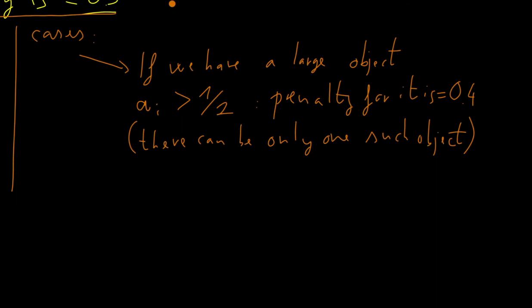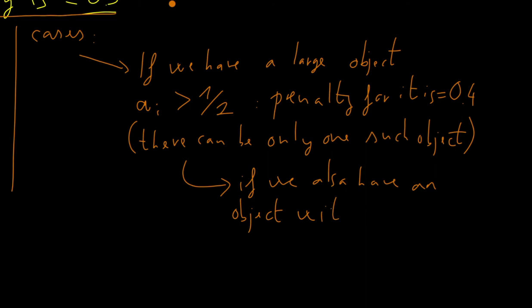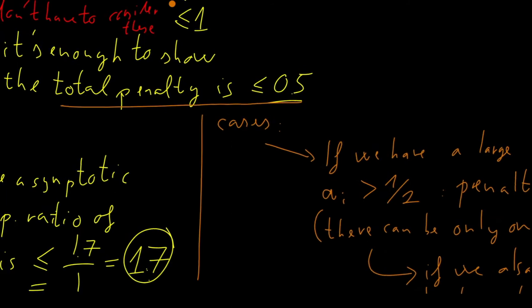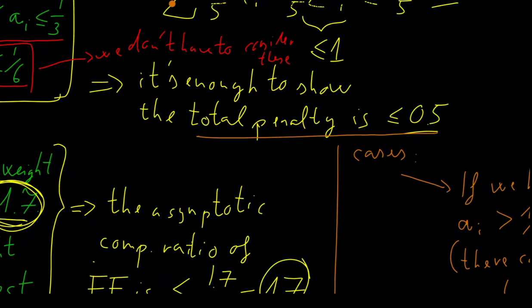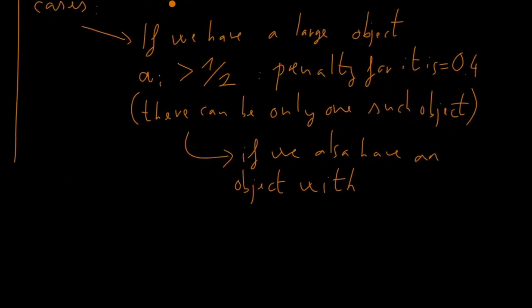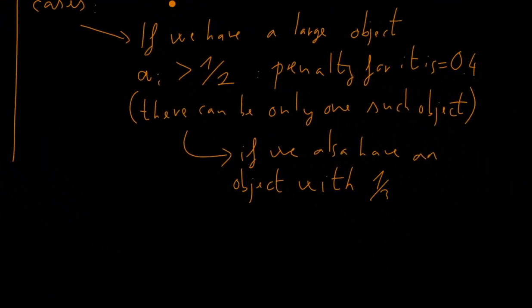Now, there are 2 subcases. The first subcase is that we also have a medium object, an object with size between, and the lower bound was 1/3, right? So it's between 1/3 and 1/2.